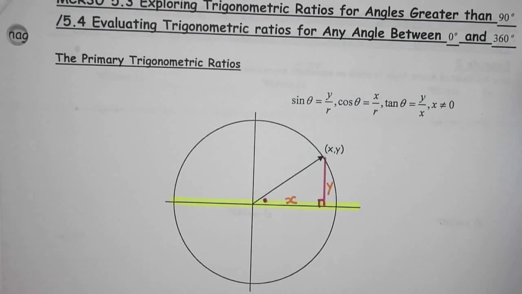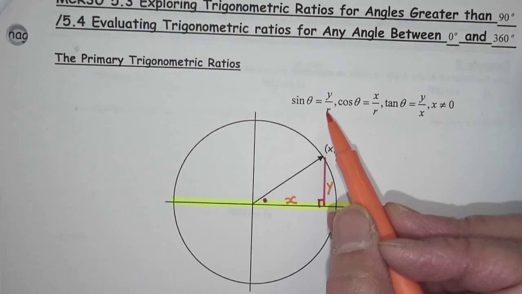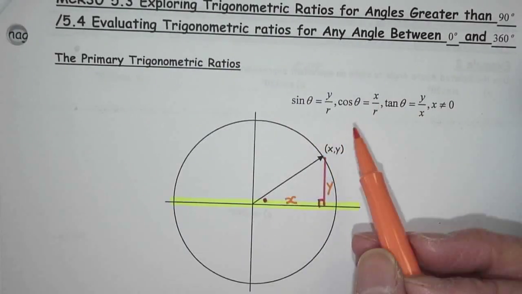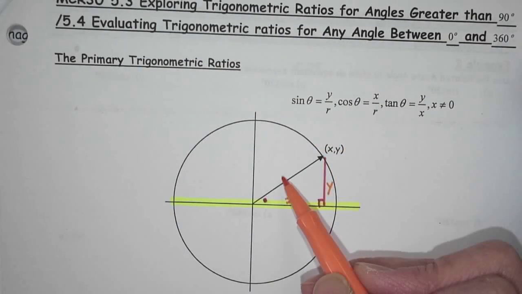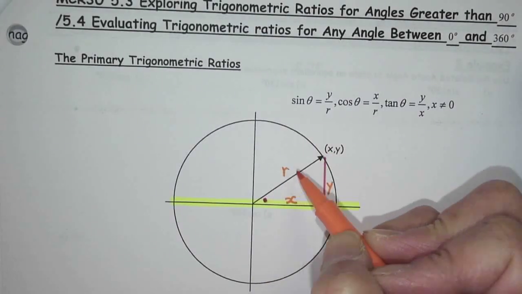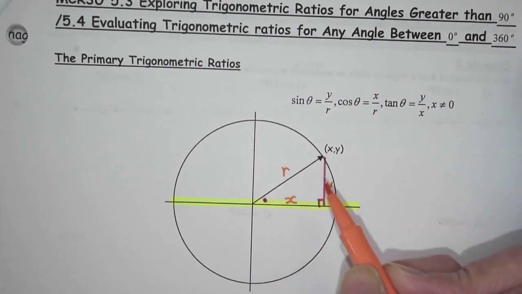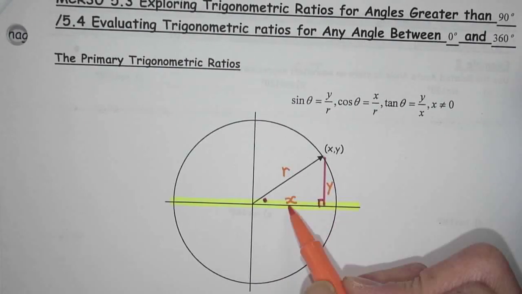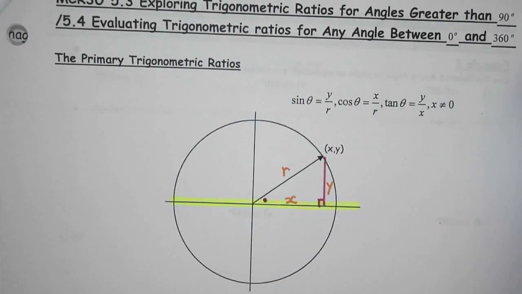And that's a right angle, so I can use SOHCAHTOA with this right angle triangle. Then from there, I can do all my primary trig ratios. So my primary trig ratios would be y over r for sine, x over r for cos, where the radius is r, and then tan would be y over x. So this formula comes from here.